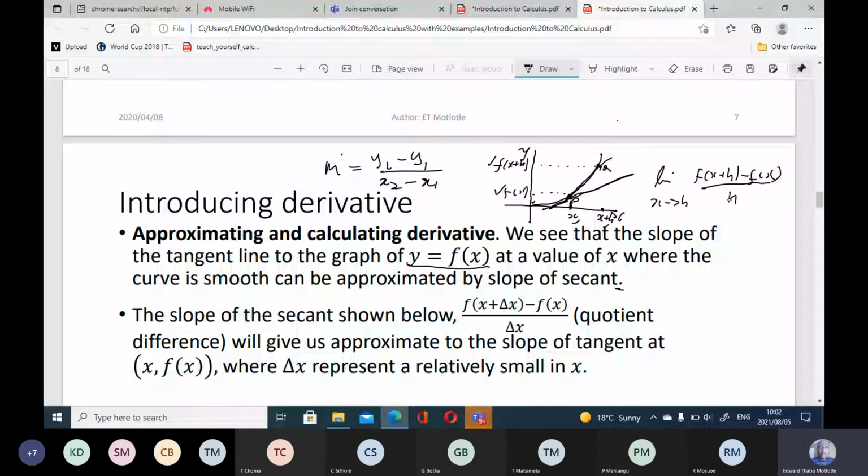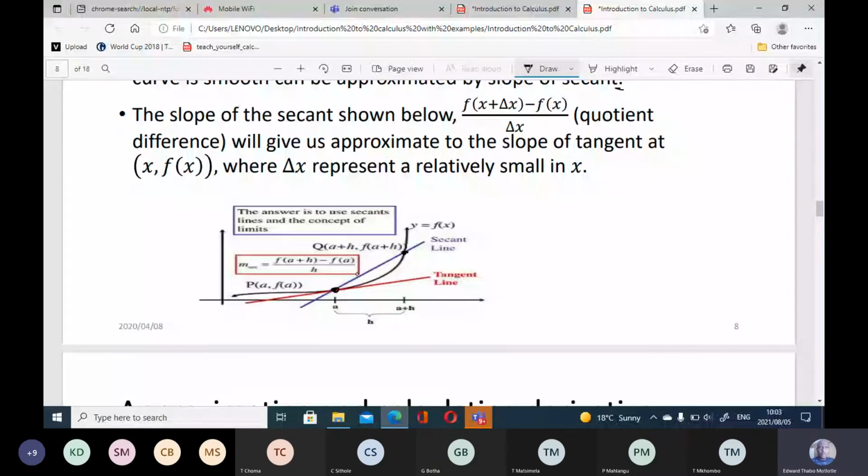Okay, again, I still have another clear graph here below. Basically what they are saying is that at this point and that point, this is the secant. So you are actually approximating the slope, the derivative, using the slope of a secant. So this is our secant.